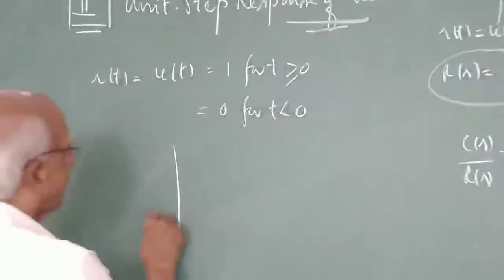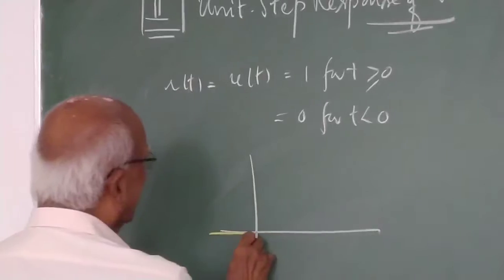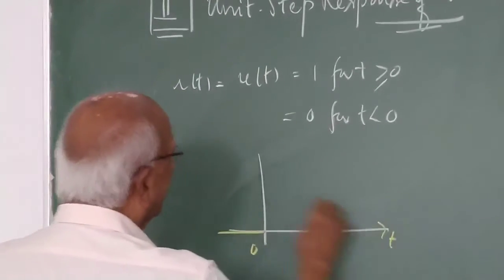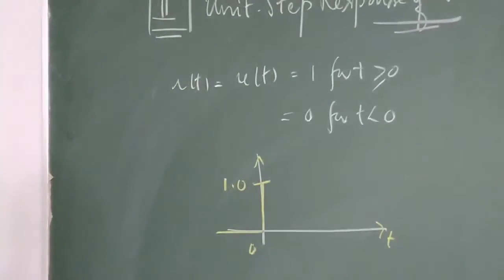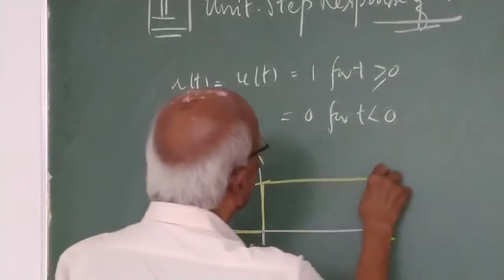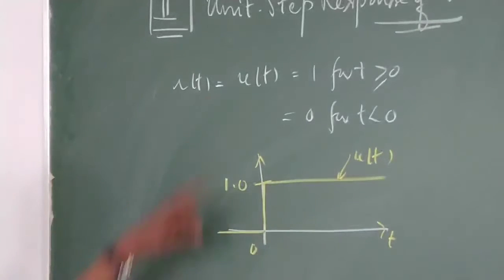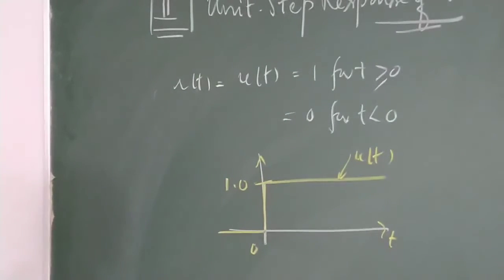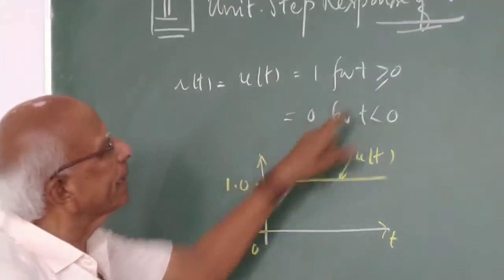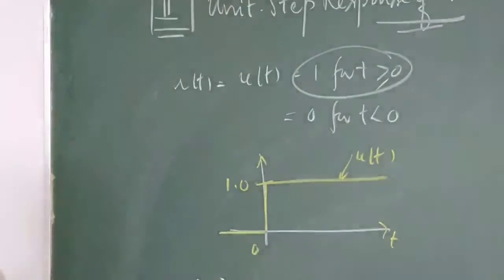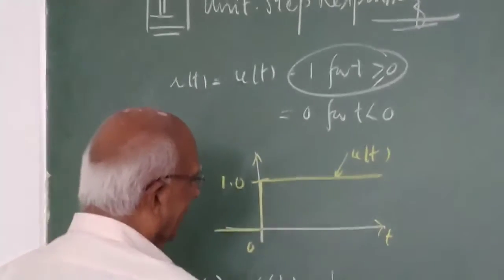Graphically, you can represent it like this: 0 up to t equal to 0, and then it jumps suddenly to unit value, and now it is steady at one value. This is the representation of u of t graphically. Mathematical, graphical. More than this, we want R of s, because it is equal to 1 for this interval, which is of great importance for engineers. This is nothing but Laplace of 1, and therefore this is 1 over s.